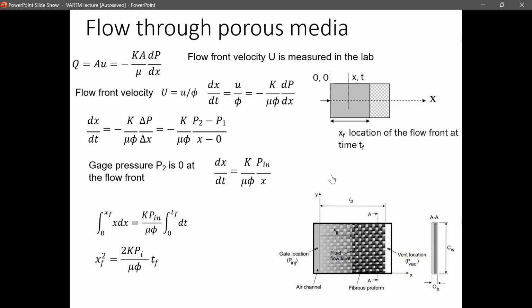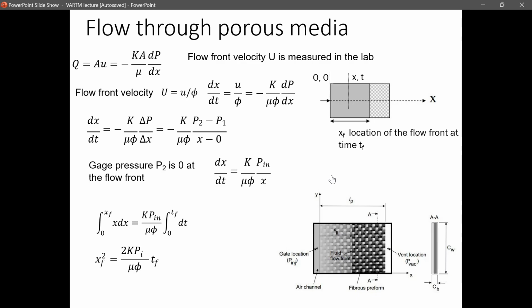What is the X? X is essentially the length between the inlet, where you're pulling the resin in, and the outlet, where you're sucking air out. That is going to be your length. In this equation, we essentially have everything. We know the location at each time. We know X. We know P in.